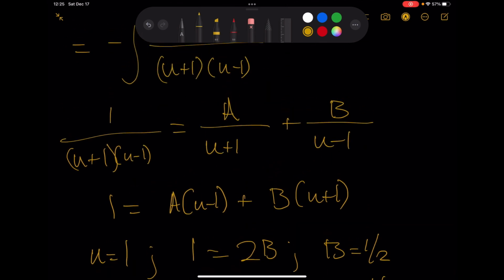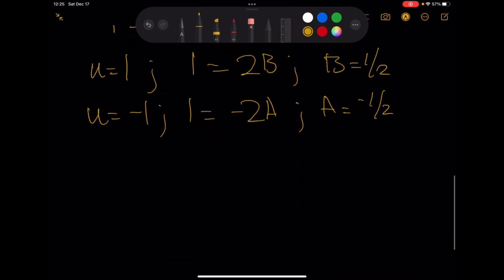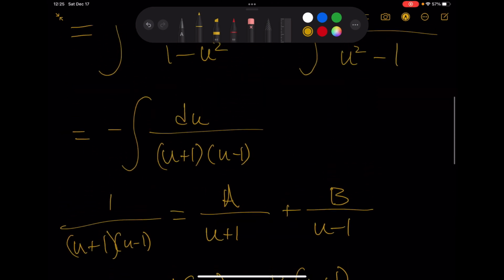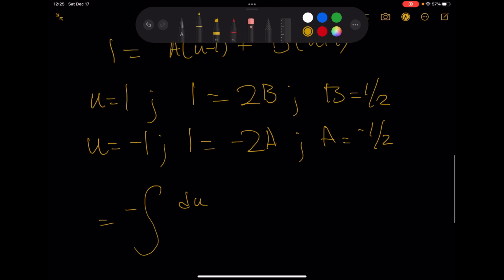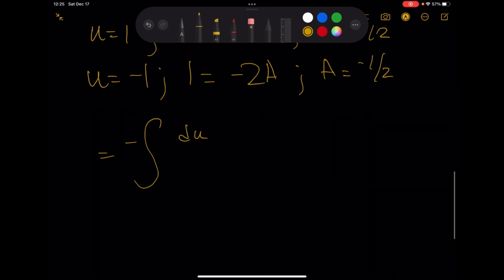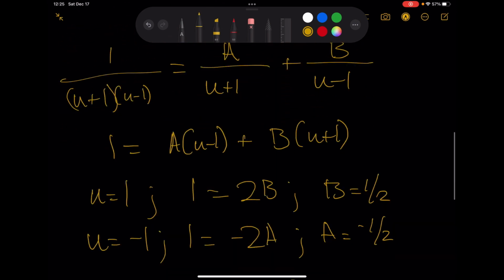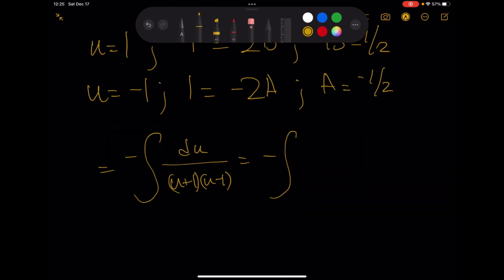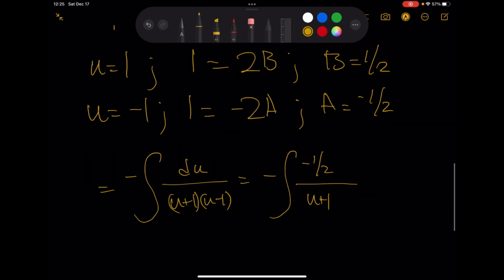So now let us take this and rewrite this. What we originally had was du over u plus 1 times u minus 1, and we can set this equal to the integral of a, which is negative 1/2 over u plus 1, I believe. Yes.